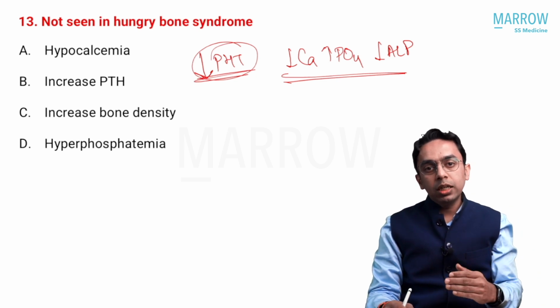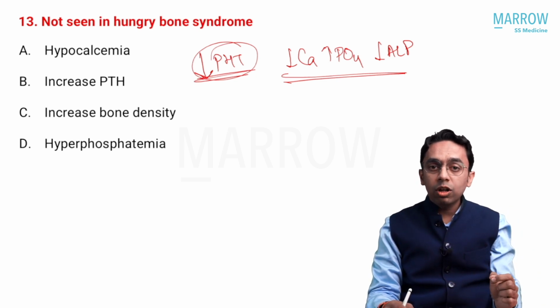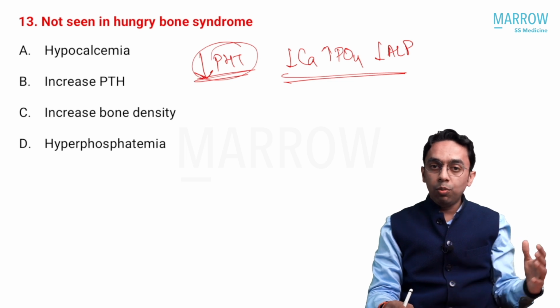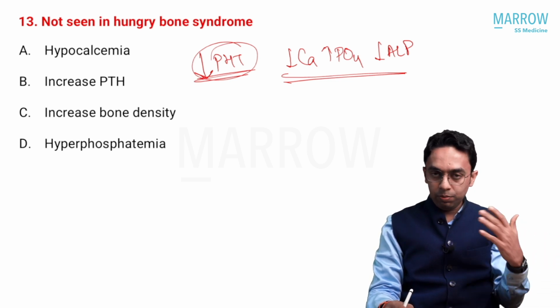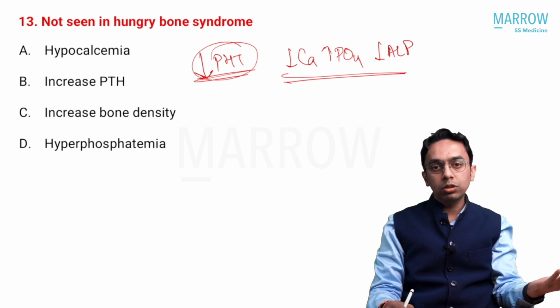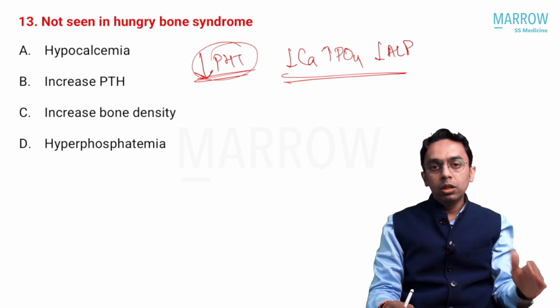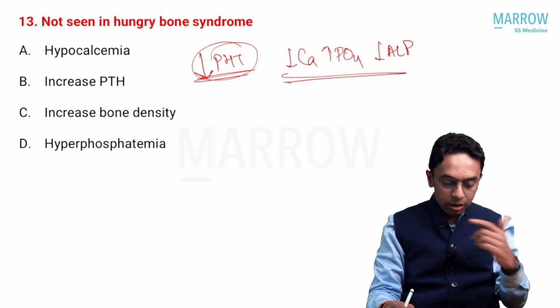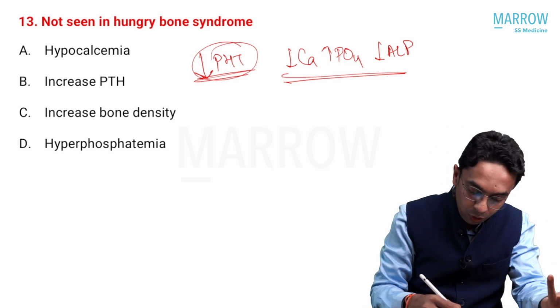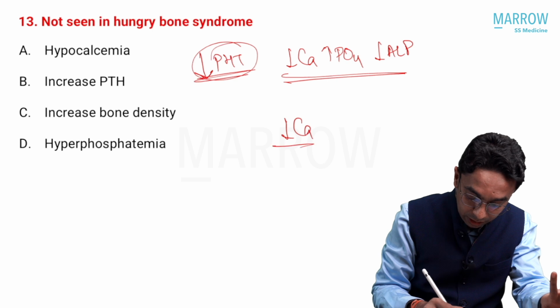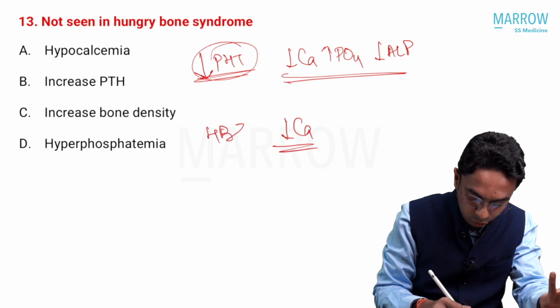What happens in hungry bone syndrome? Because our patient was having such a high level of PTH, his bone was giving calcium, that calcium from the bone was coming to the blood, right? Now this PTH we have removed, so again the bone will take up the calcium. So the calcium will decrease in hungry bone syndrome.